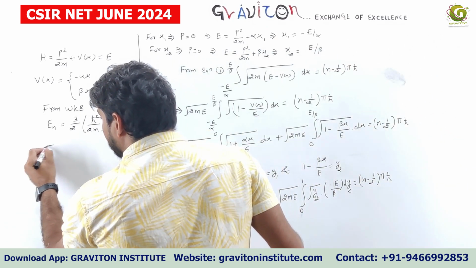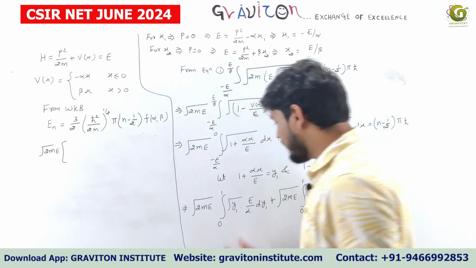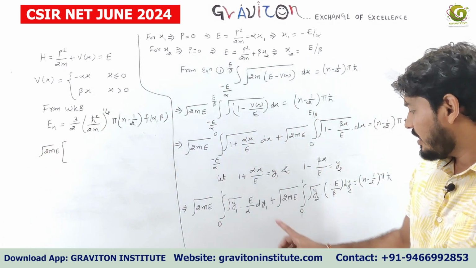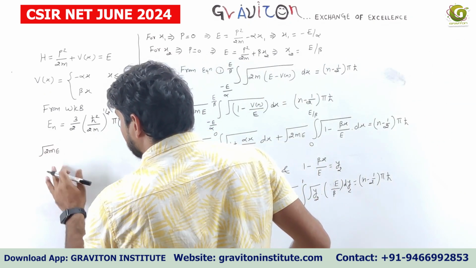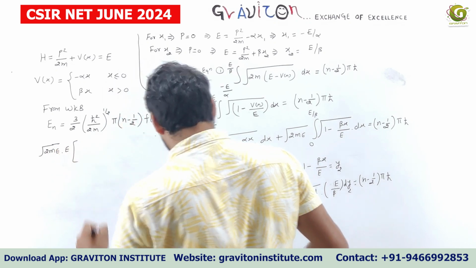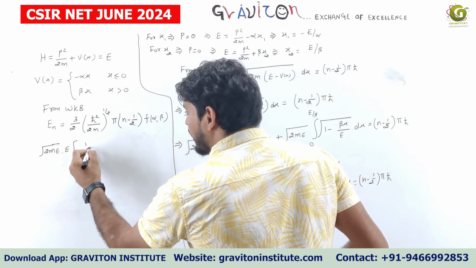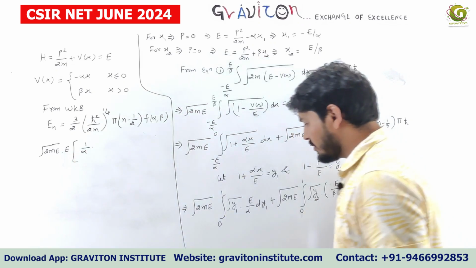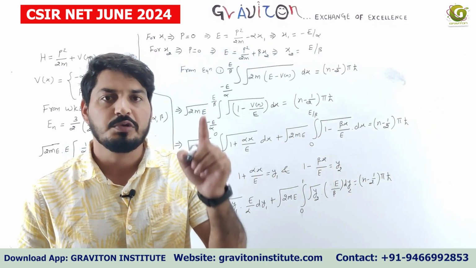So this under root 2me, I can take common from these two, and e also I can take common into e. Now see, what is this term? This is 1 by alpha into, when you solve this integration, this is simply under root y1, to the power 1 by 2.